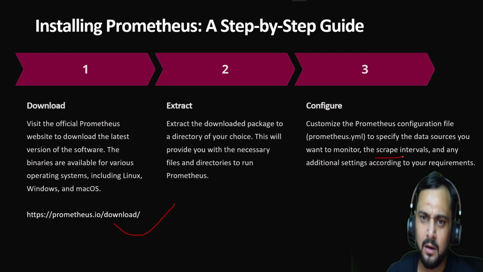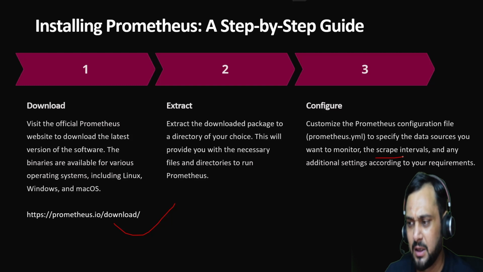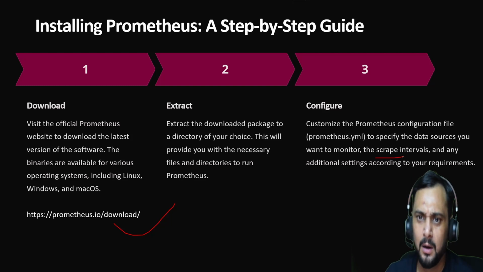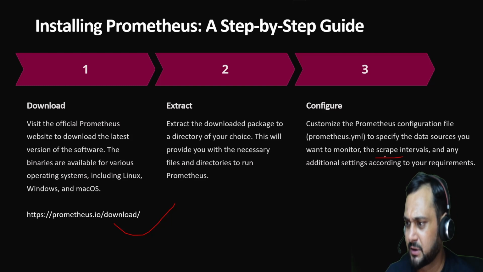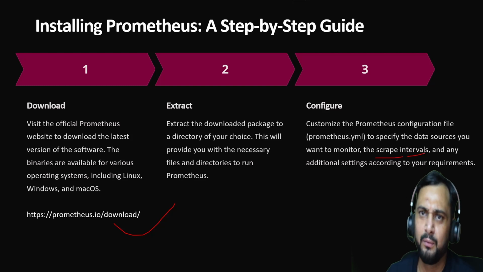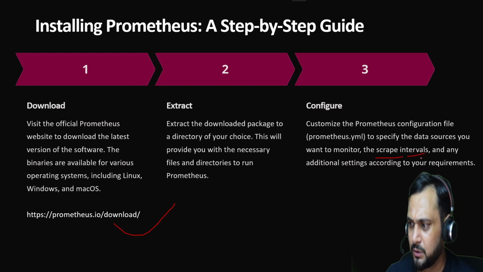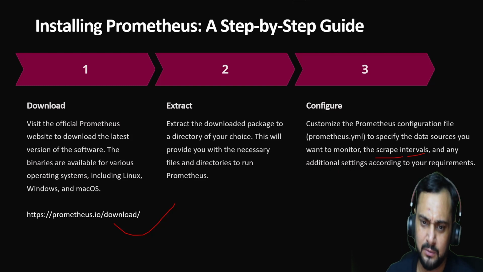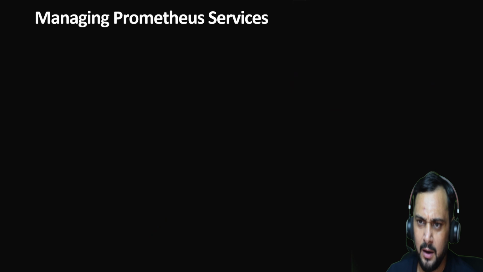This means that in the next lesson we will add some client machines and it will scrape the machines after some interval that we define, and I will explain that in today's video, along with additional settings according to your requirements. So this is what we are going to do here.